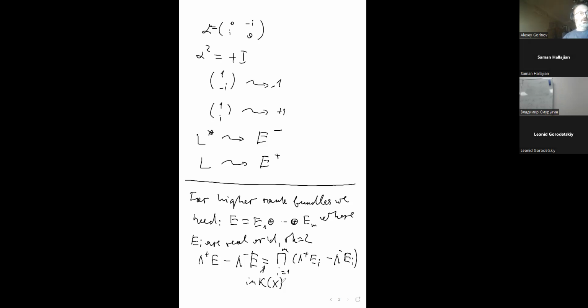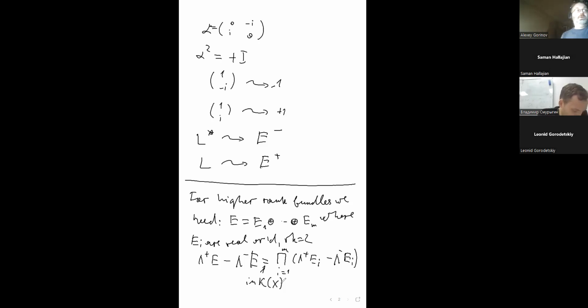Well, the formula comes basically from question 15b, which says that the exterior algebra of the sum is the tensor product of the exterior algebras, and the map alpha is just the tensor product of the individual alphas.